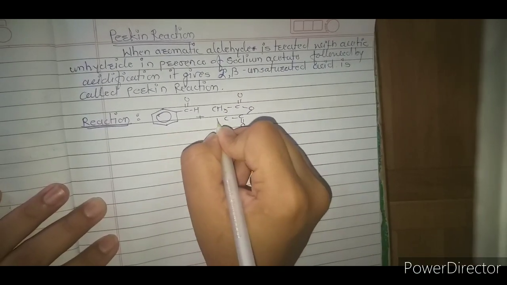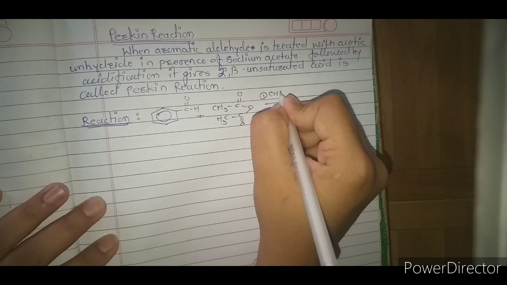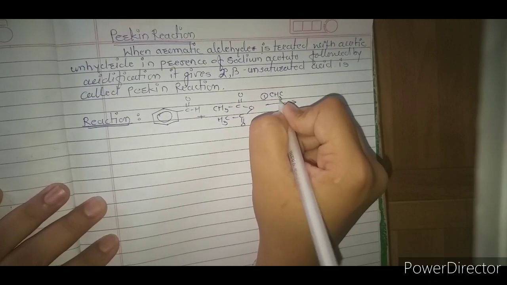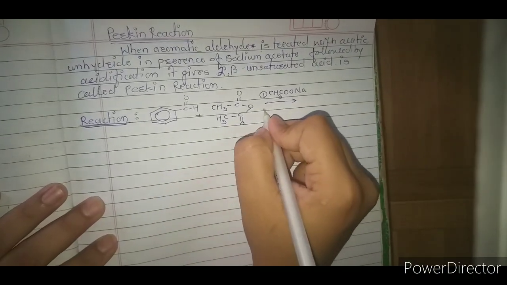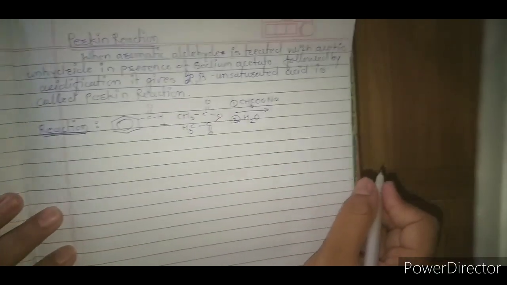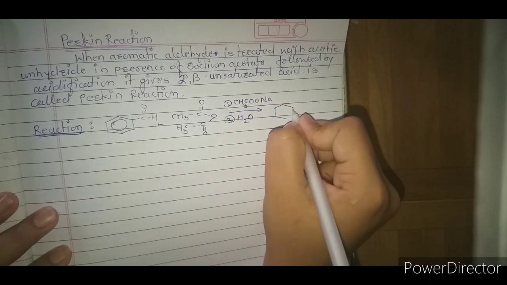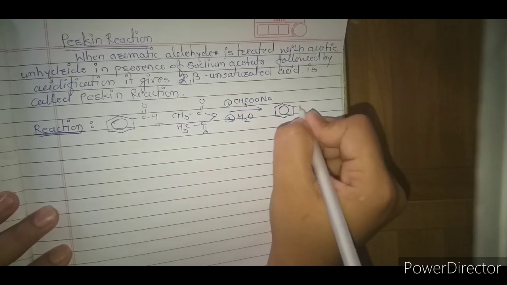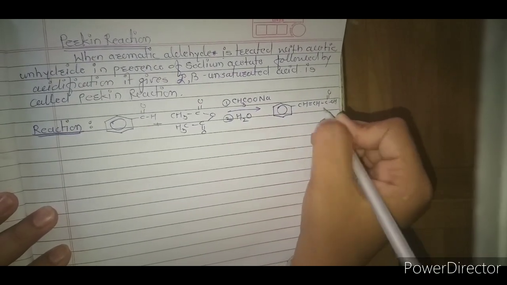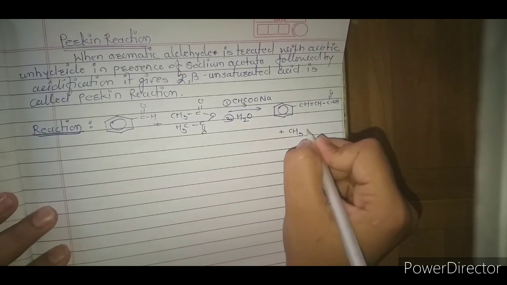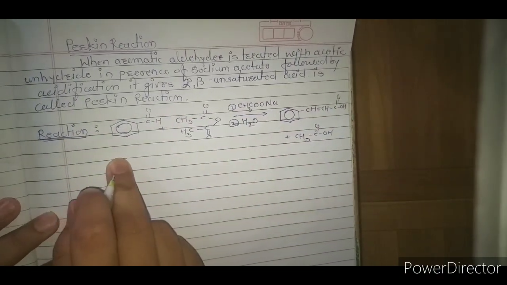It is your acetic anhydride in presence of sodium acetate. It forms cinnamic acid. It is your cinnamic acid, CH=CH-COOH, cinnamic acid plus acetic acid. So it is your Perkin reaction.